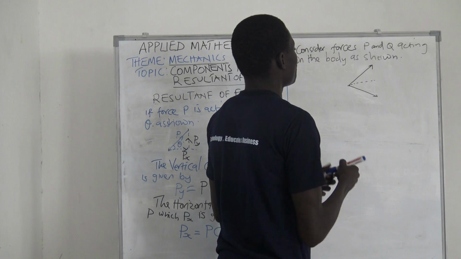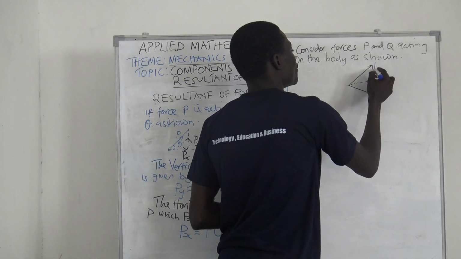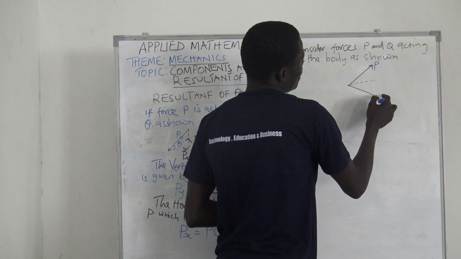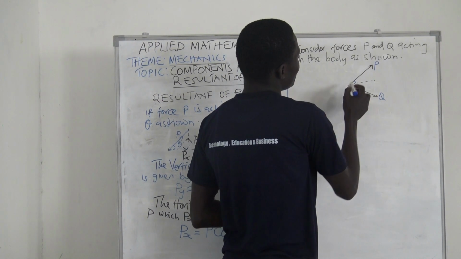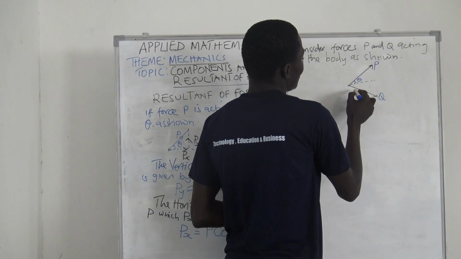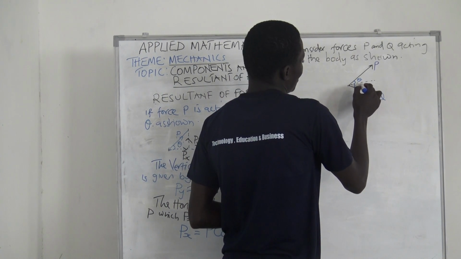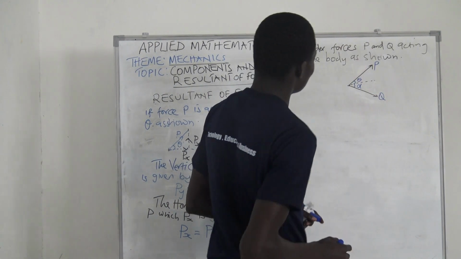This is our force P, and this is our force Q. P is acting at an angle star, and Q is acting at an angle alpha.